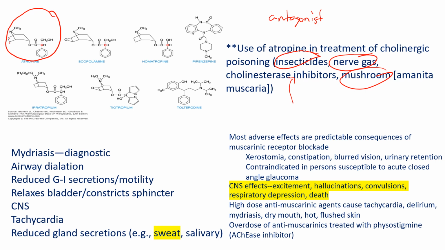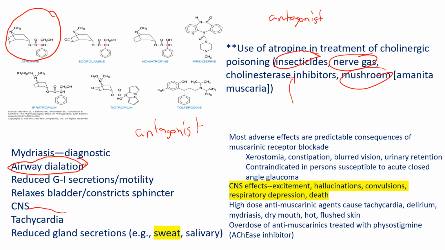They're basically what you kind of expect, right? These are symptoms of an antagonist poisoning, not an agonist, because these are kind of the opposite of what you'd expect from an agonist, right? If your airways dilate, that's either a sympathetic agonist or a parasympathetic antagonist.